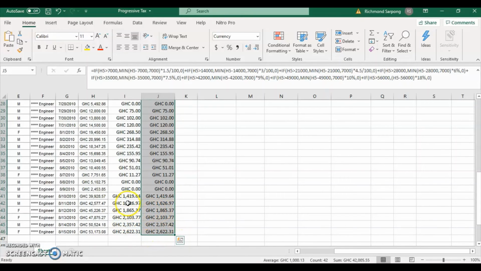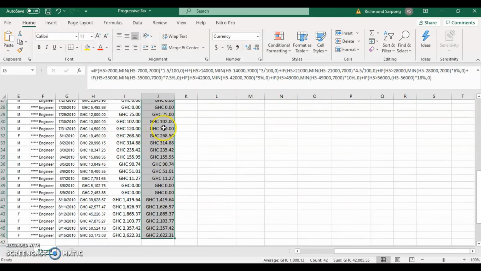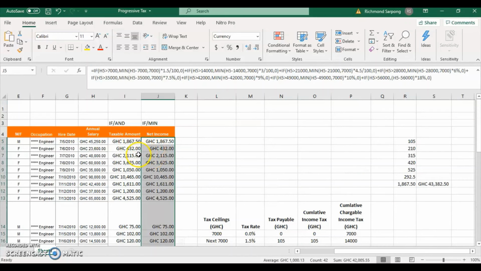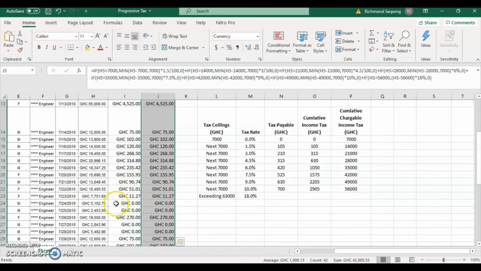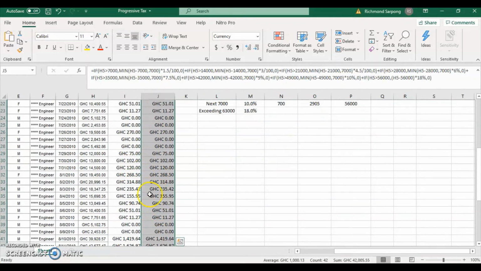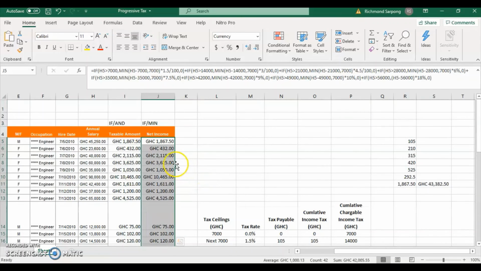So you can see all of them are the same values, meaning that both of my tax calculations are correct. And this is a perfect scenario whereby I paid the same. So you can see all tax deductions are the same amount for both functions, whichever way you use. So this is a correct function for the progressive tax.